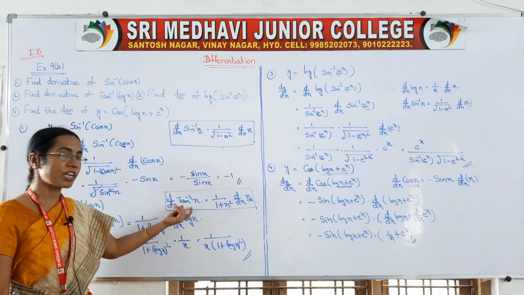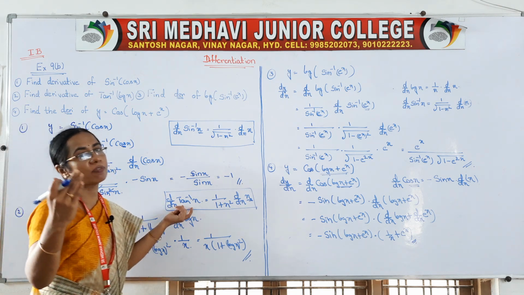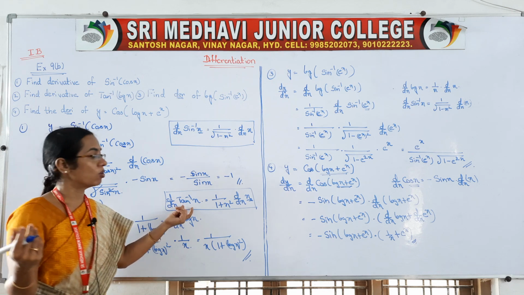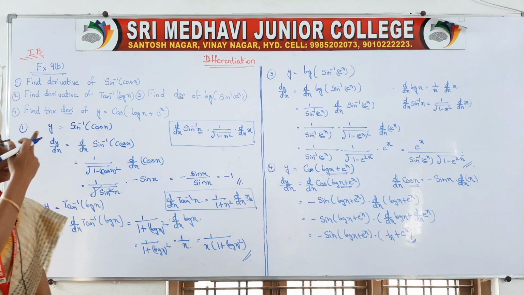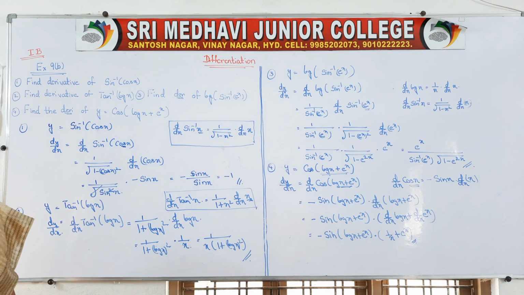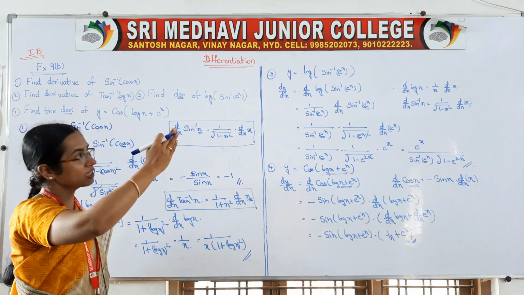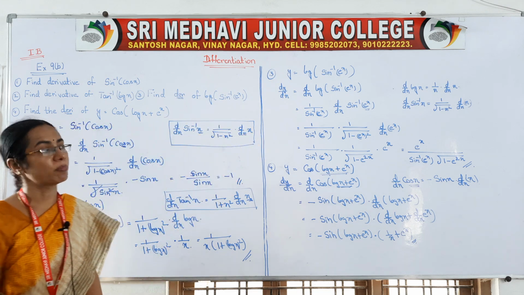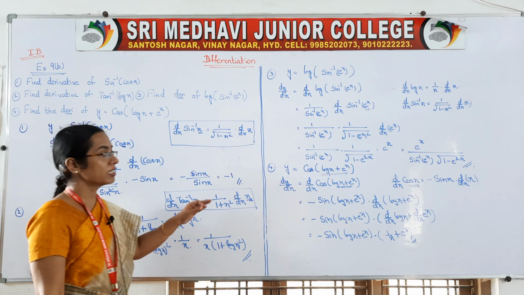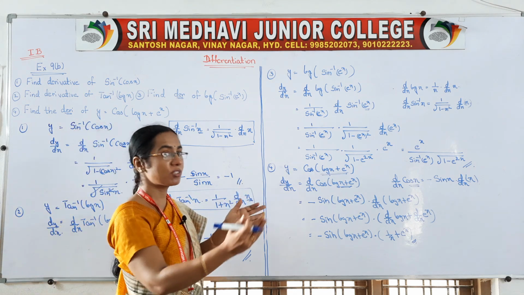Similarly, d by dx of tan inverse, right? We can take 1 by 1 plus that variable whole square into d by dx of that variable. There we have taken again sine inverse, right? First log of the function, then sine inverse formula, then e to the power of x formula we have taken. And for this, first we have taken cos of the function.